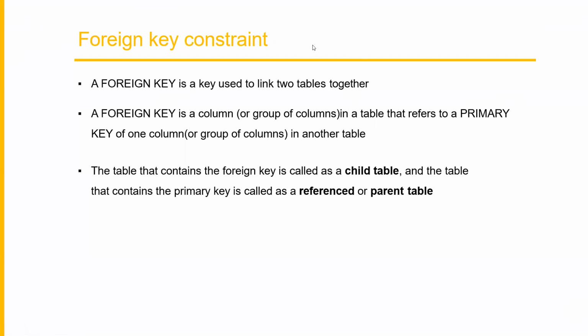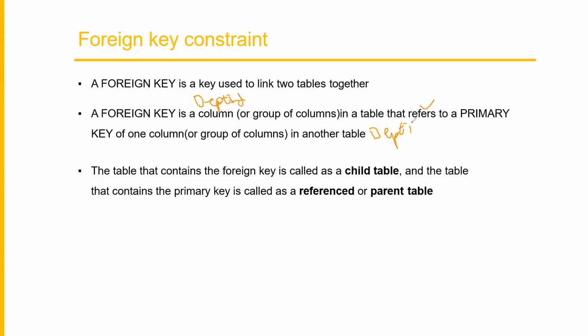You can see here, a foreign key is a column in a table that refers to a primary key of one column in another table. Just now we saw the primary key of another table is the department ID of the department table, and the foreign key is the department ID column coming from the employee table.